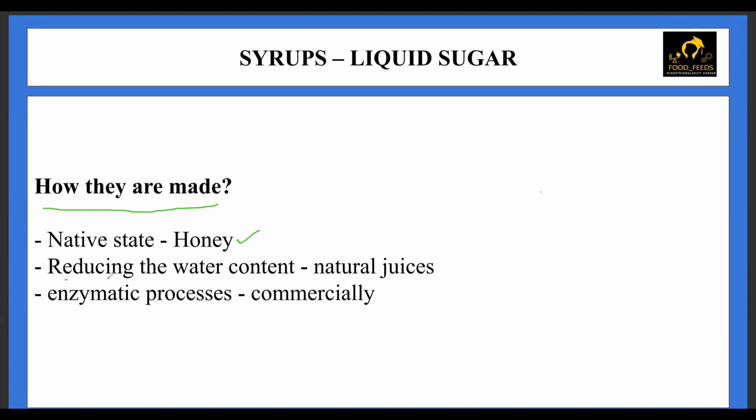Another is by reducing the water content in natural juices, for example maple sap, where the water content is reduced to get maple sugar. The third is the enzymatic process, which we use for commercial production of syrups, for example corn syrup, which is made with the use of enzymes.